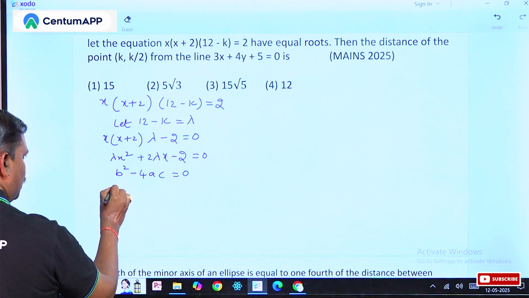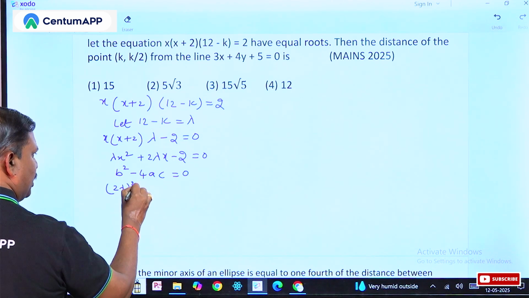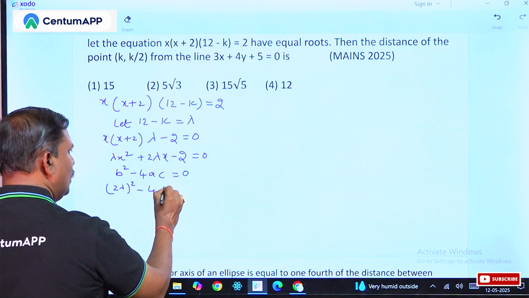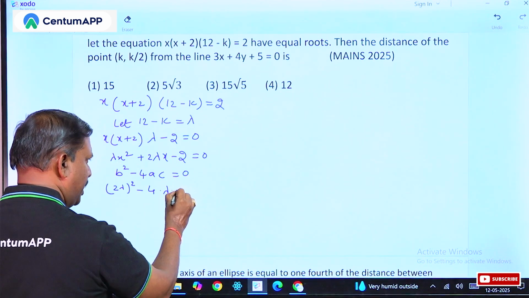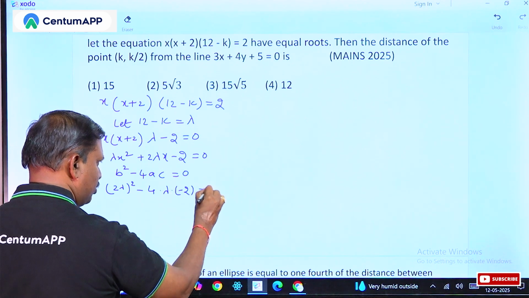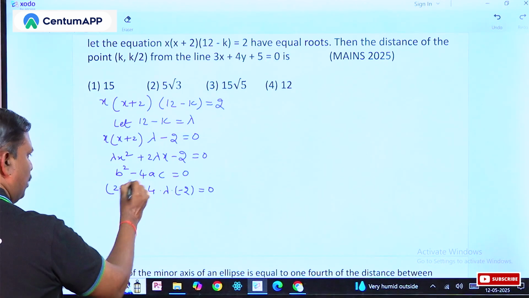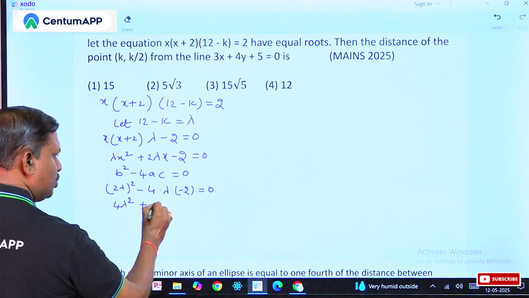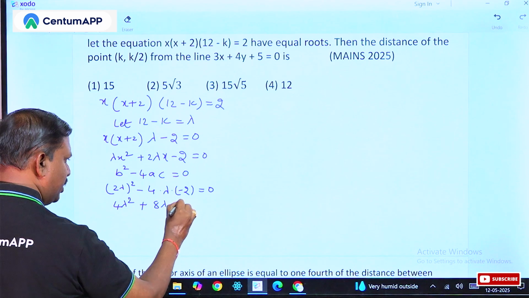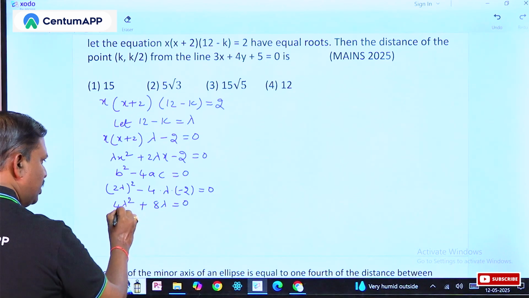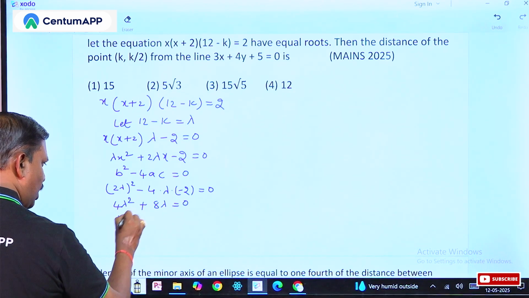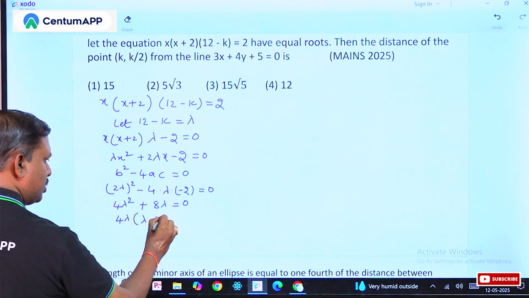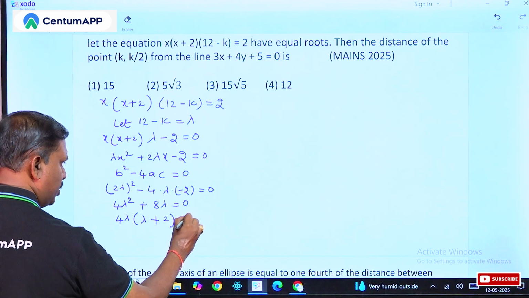Substitute: (2 lambda) whole square minus 4 into lambda into minus 2 equal to 0. Now (2 lambda) whole square is 4 lambda square, minus into minus plus, 4 2's 8, 8 lambda equal to 0. From these two terms 4 lambda is common, remaining in the first term is lambda plus 4 2's 8, that's why lambda plus 2 equal to 0.